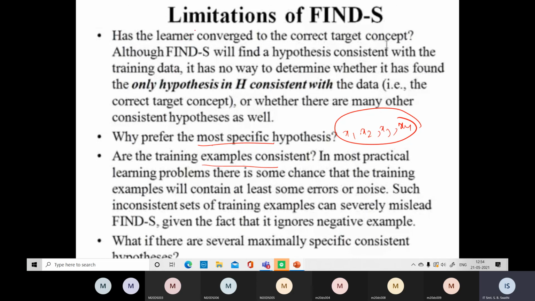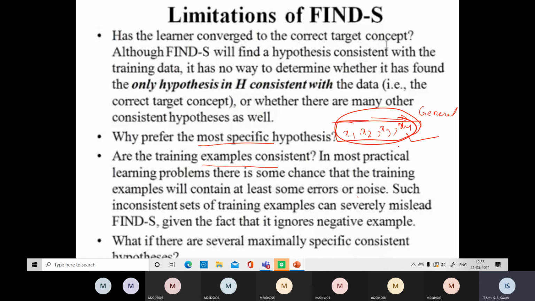So these are some limitations. We can't assure that whatever instances we have taken are all leading to the general hypothesis. In all cases, we may not be able to say that these are the correct instances which we have taken. And sometimes we ignore the negative instances, because as per the Find-S algorithm, we have to neglect the negative instances.